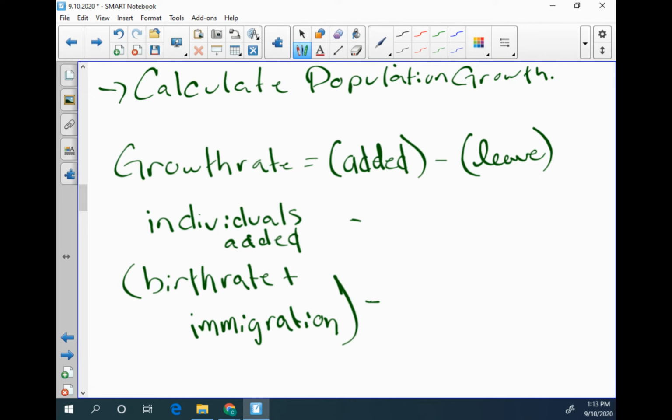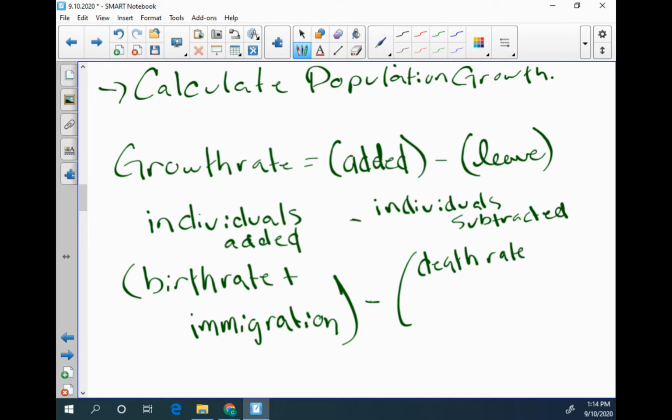Our individuals subtracted equals our death rate plus our emigration rate.